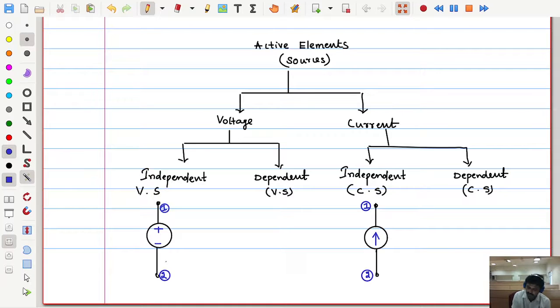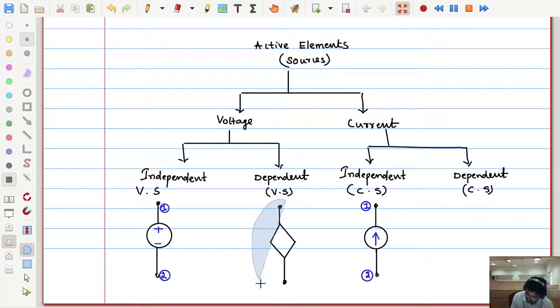These are the independent voltage source and current source. Next are dependent sources. Usually the dependent sources are represented by the diamond symbol. Wherever you see this diamond symbol, you can call that a dependent source.